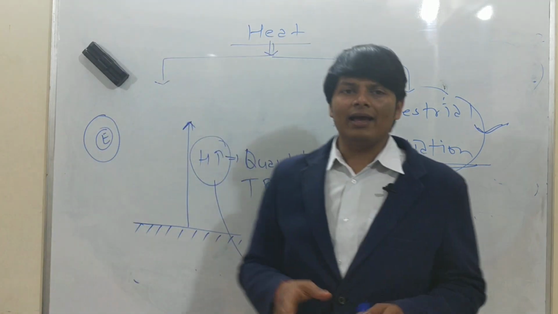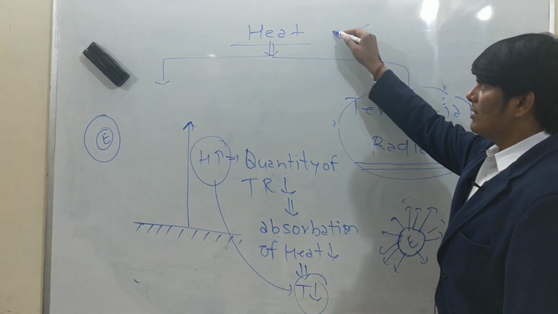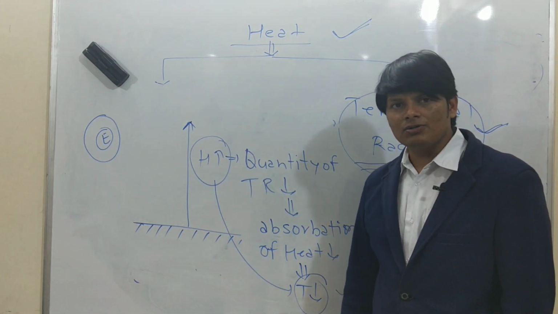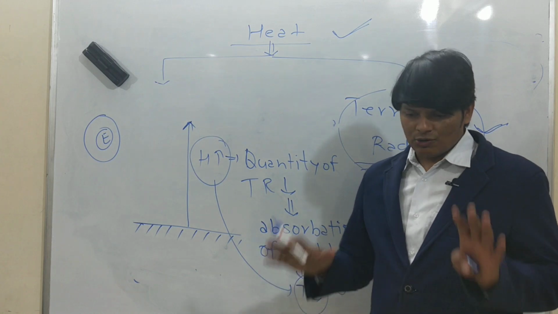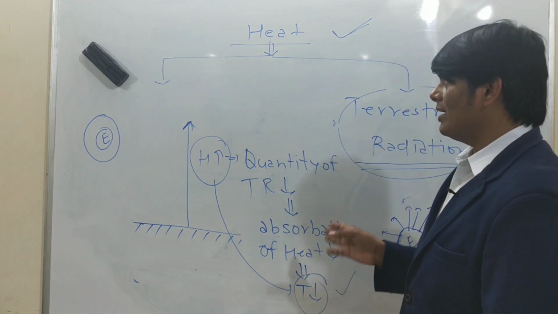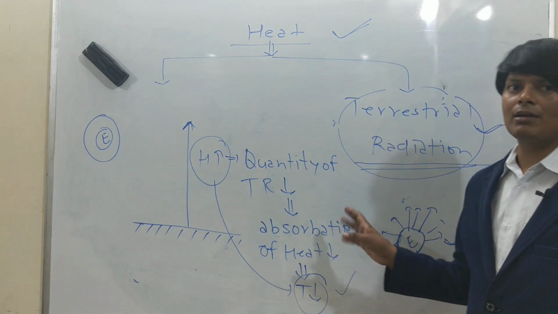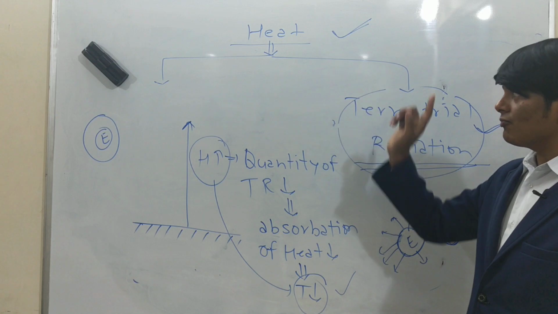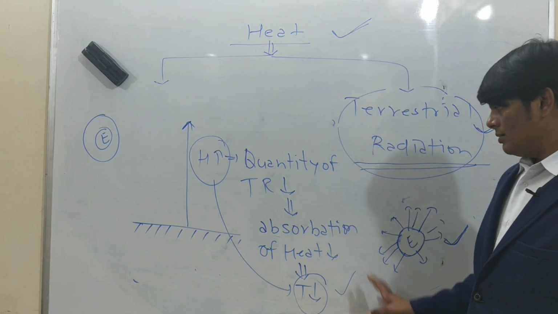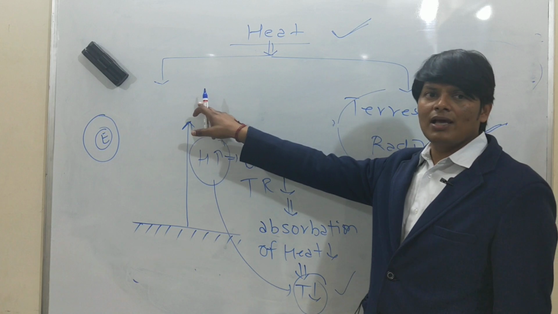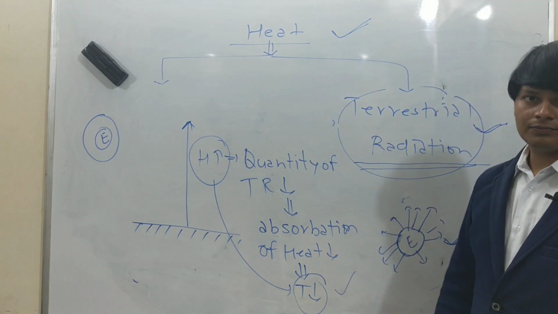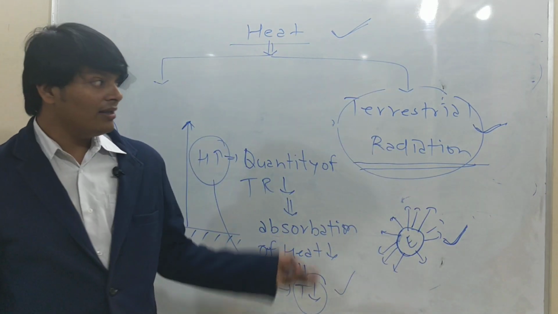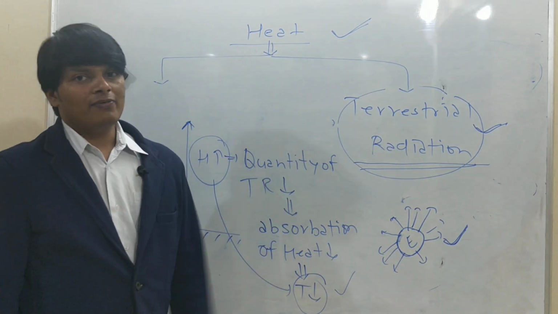Two factors work here to determine the temperature of the troposphere. The first is the density of the gases, and the second is the heat, which comes from the sun as insolation and from terrestrial radiation. So we have got this idea why the temperature decreases with increasing height in the troposphere.